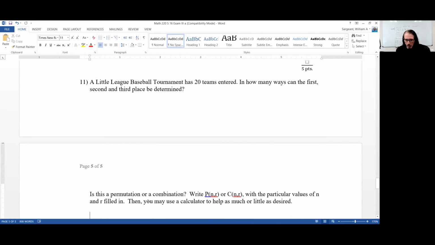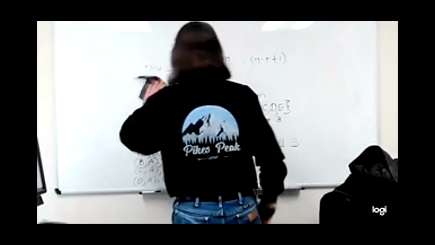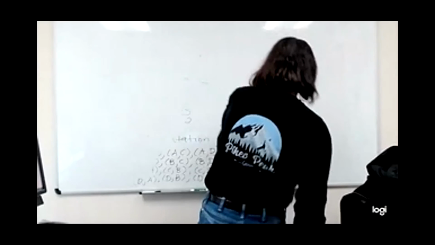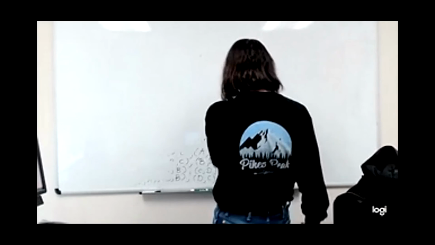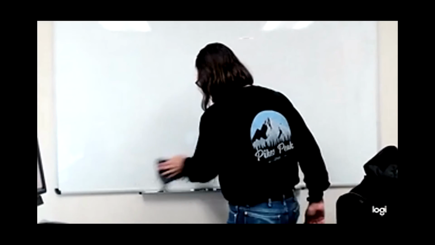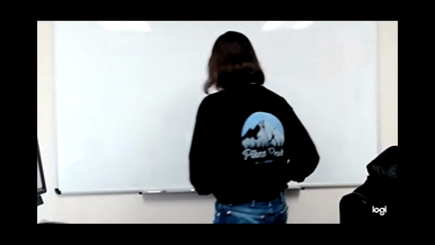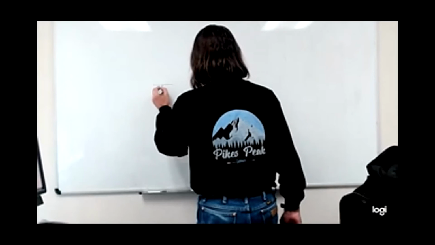So there would be 3 blanks to put in here because we want to pick the top 3 teams. And from that, start off with 20. So you've got your first place team.